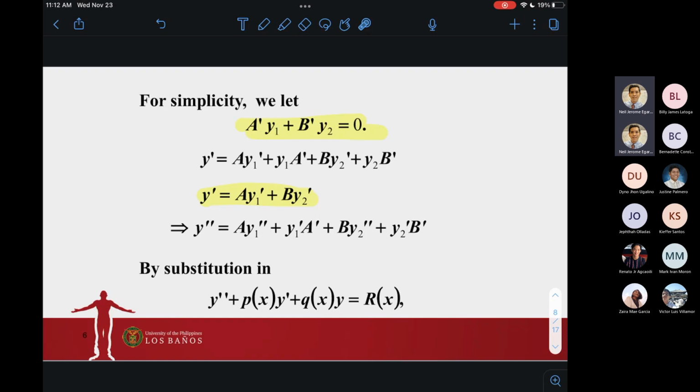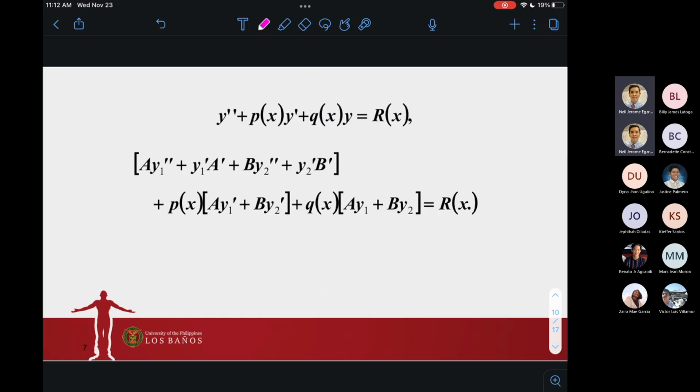So, I don't have any choice but to plug in the y sub p prime and then the y sub p that we have in this equation. Na-plug in ko dyan yung mga derivatives na na-compute natin. So, we do so. So, ito si y sub p double prime, ito si y sub p prime, ito si y sub p. Alright, ito yung hula natin kay y sub p.